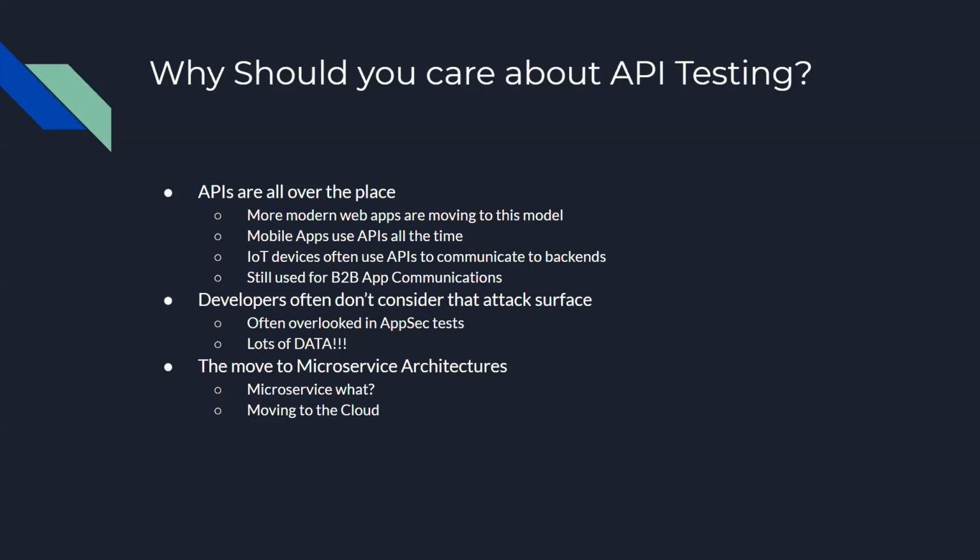Mobile apps, hands down, it's a beautiful and wonderful attack vector to go after them. IoT devices, I know it's the big buzzword. Someone's going to hit bingo in a second. They use APIs to communicate on the back end all the time. And a lot of B2B, a lot of business to business app communications still happen at this layer.